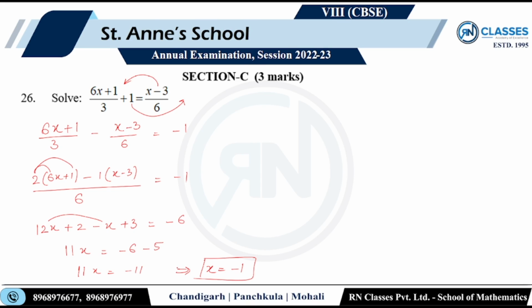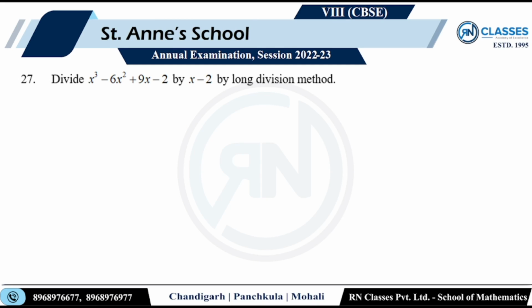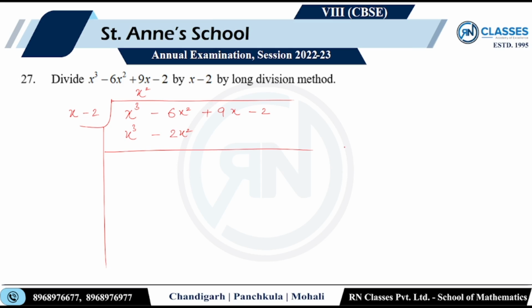Divide this by x minus 2 by the long division method. Okay, let's divide it by the long division method. Here is x cube minus 6x square plus 9x minus 2. Here I have x. What should we do? What do I multiply x by to get x cube? By x square, so this becomes x cube. Here I get minus 2x square, right? This goes off.